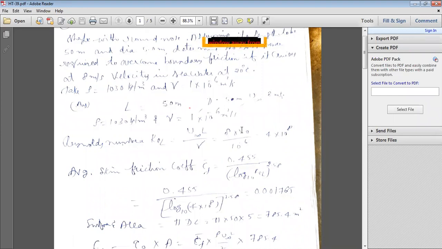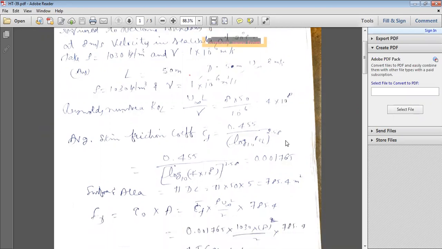If you calculate the Reynolds number for this given condition, it is 4 into 10 power 8. Obviously, it is greater than 5 into 10 power 5, 5 lakhs. So you will know that it is a turbulent flow.